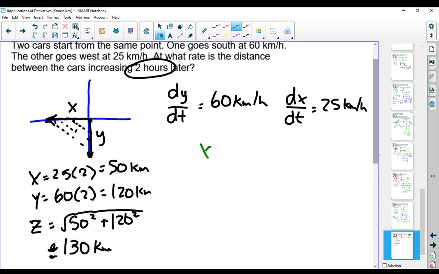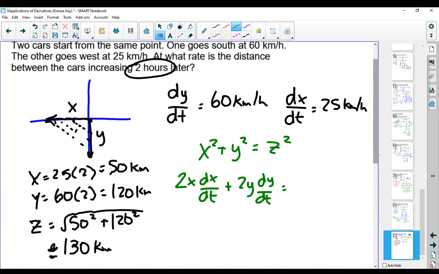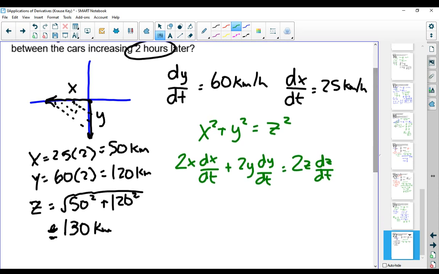Take our Pythagorean theorem, x squared plus y squared equals z squared. And the derivative is going to give us our rate of change. So 2x dx/dt plus 2y dy/dt equals 2z dz/dt. We sub in what we know: 2 times 50 times 25 plus 2 times 120 times 60 equals 2 times 130 dz/dt.